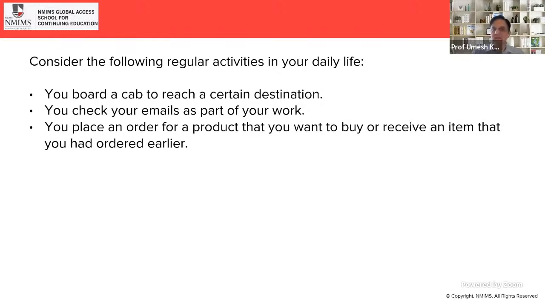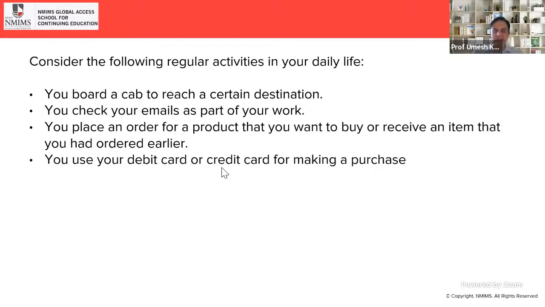Is it from a genuine source? All those things keep coming to us. E-commerce is on the rise. So you buy goods and services through an e-commerce portal, and you want to receive these goods and services as per your desire on a stipulated date. And for all of these, with going cashless, thanks to the pandemic, cashless has only increased. And people are now even talking about, let's not write a check, let's do a direct debit transfer. With all of this happening around us very commonly, either we are a part of it or we are not.